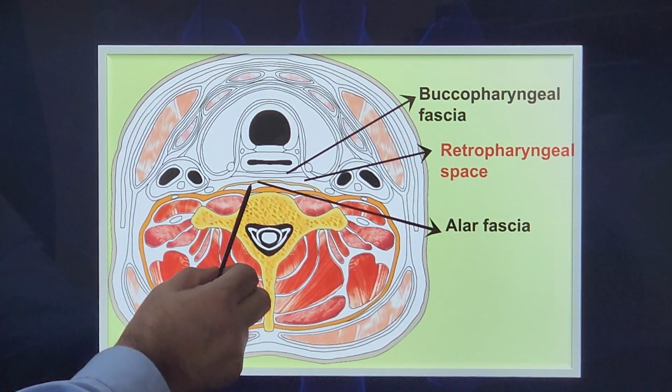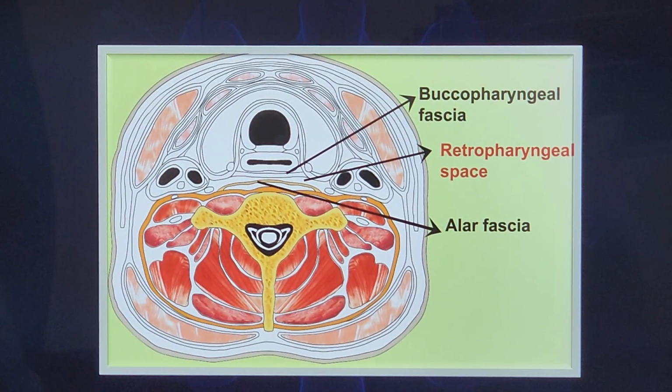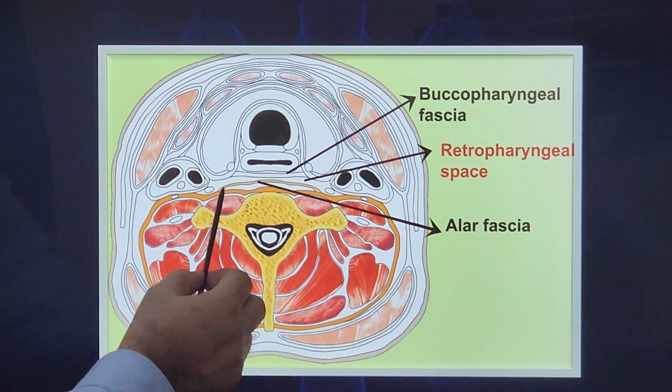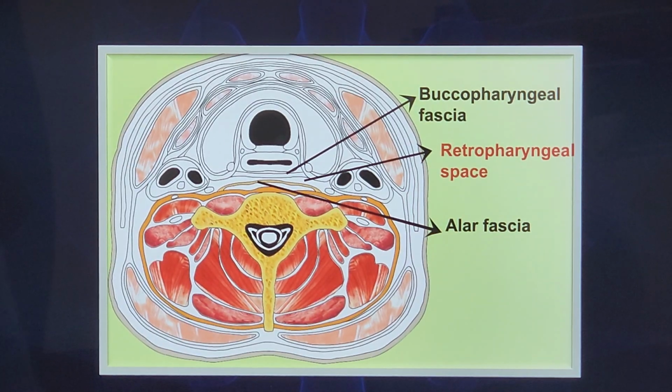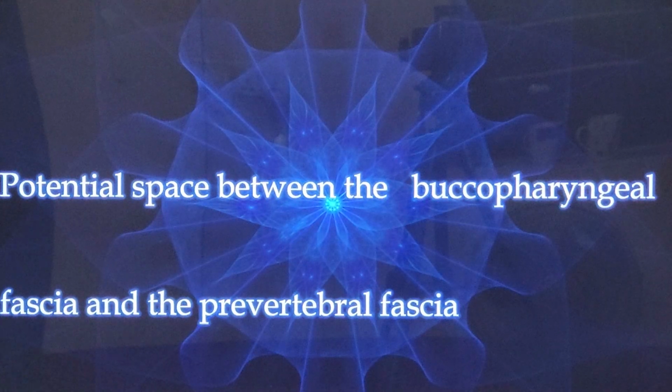But the posterior part starts from the base of the skull and goes beyond the T4, way down to the posterior mediastinum. That is the difference. And the retropharyngeal space has communication with other spaces in the neck too. That is the clinical significance. I'll come to it.